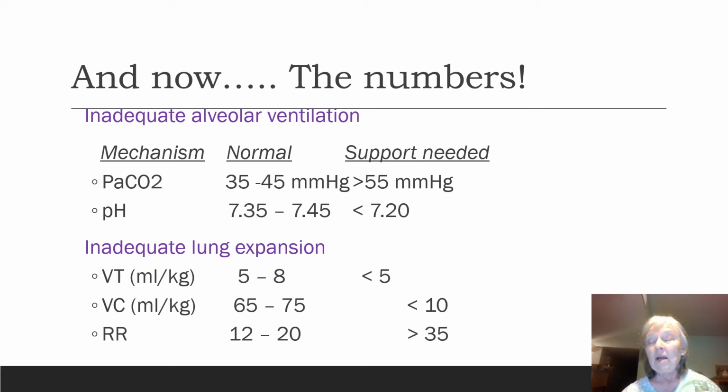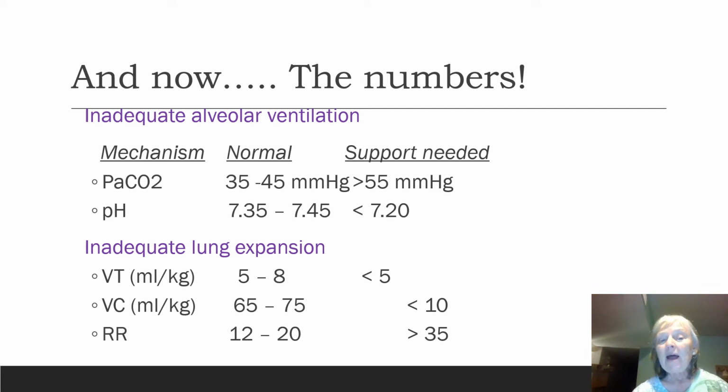He is now a candidate for support. In order to start weaning him, his tidal volume has to be greater than 323. Okay? Remember, less than 5 will put you on support. Greater than 5 will take you off that support. Okay? Everybody good with that?